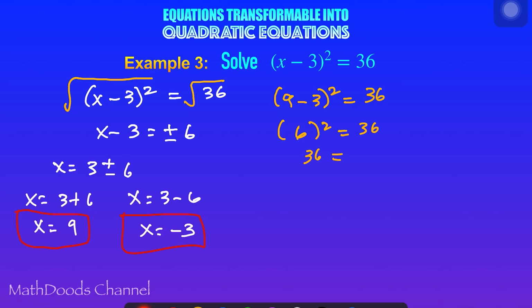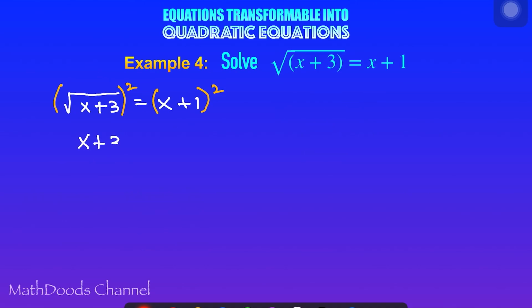Square both sides. So, magiging ito, x plus 3 na lang kasi nadoble yan eh. Square root of x plus 3 times the square root of x plus 3.